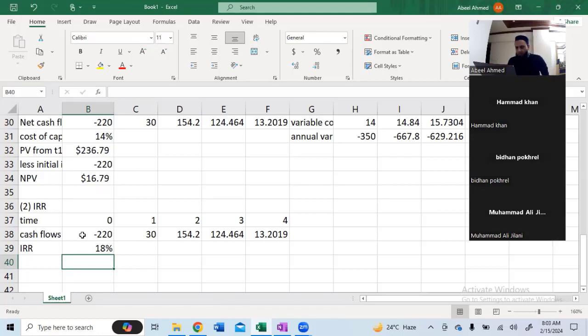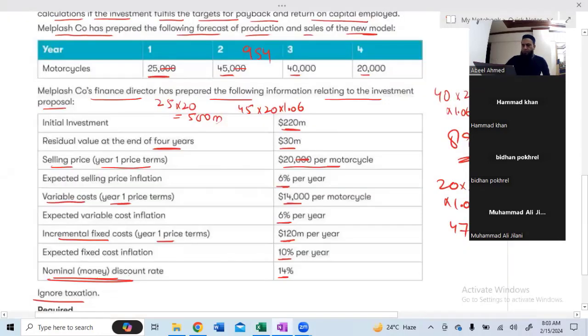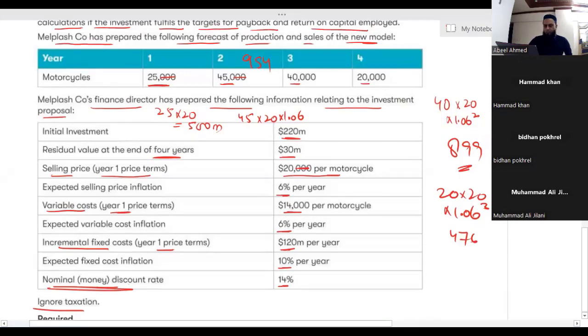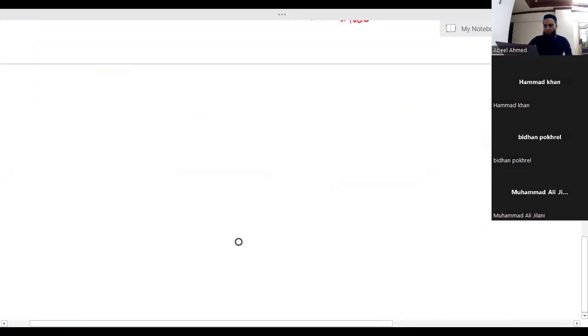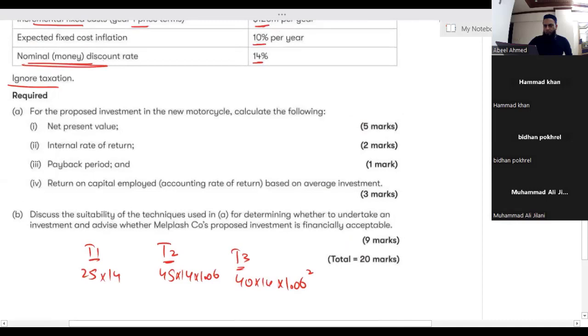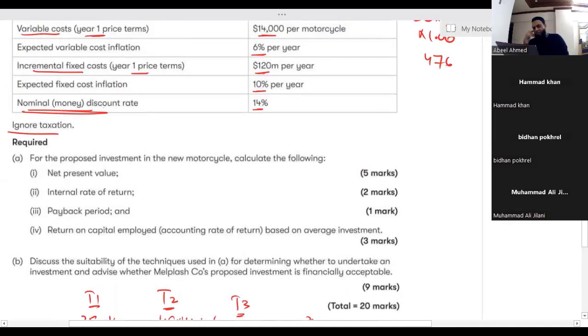Now we need to calculate. What else do we need to calculate? Let's see. Let me share this. We have to calculate payback period. And let me tell you one thing. If nothing is mentioned, it will always be a simple payback.